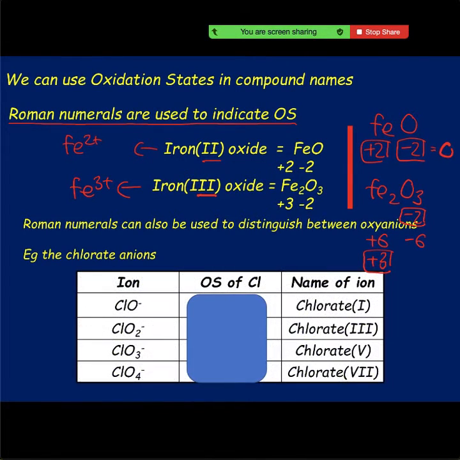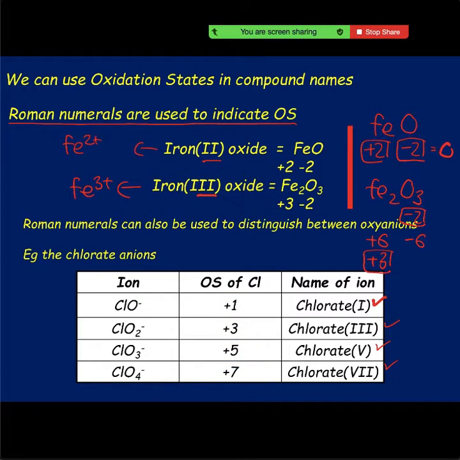Now, we said when we went through our rules that chlorine is weird. So again, from the names, you can get the oxidation state of chlorine in these, but you can also work them out. So the oxidation states are going to be +1, +3, +5, +7. I'm just going to take this one here and show you how you would work it out. Each oxygen is worth -2.